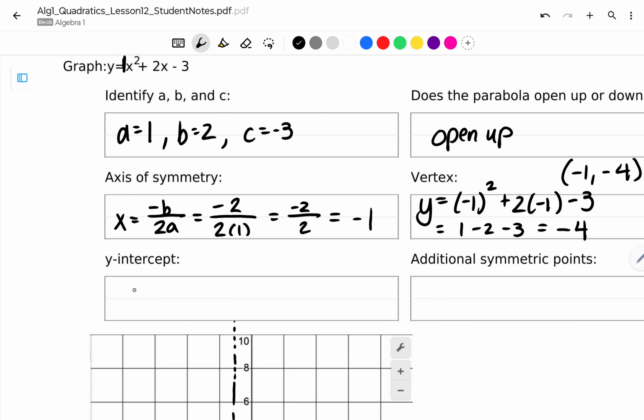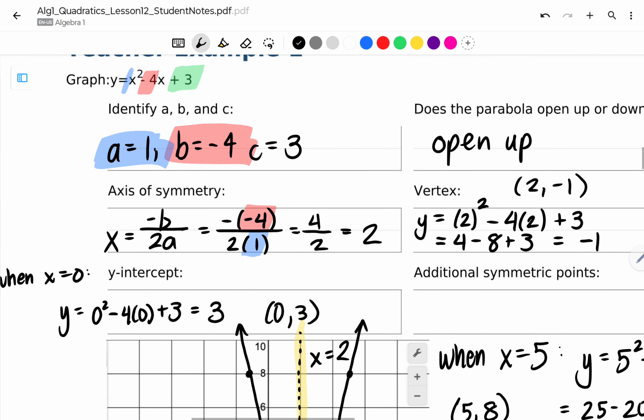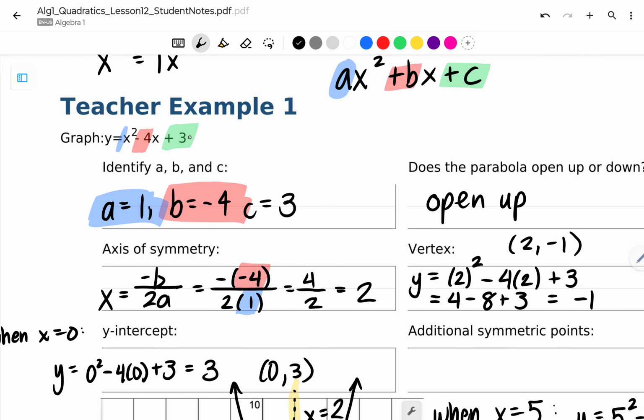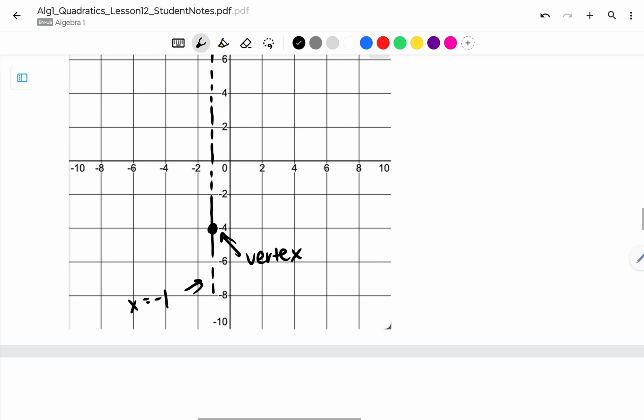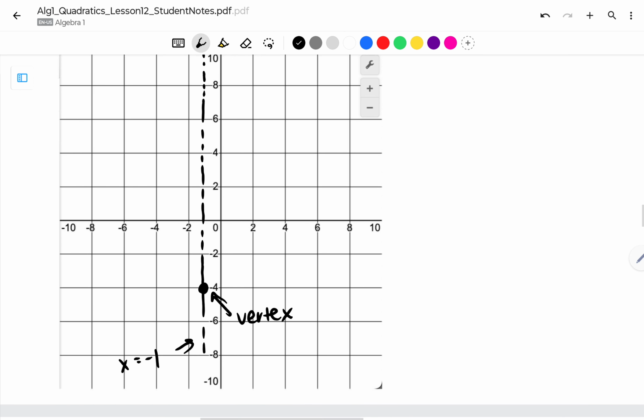When x is 0, y equals negative 3. So at 0 and negative 3, right here, I'm going to have a y-intercept. This is the axis of symmetry, so do the same thing on the other side right there. Whatever is on one side, you've got to do on the other side.